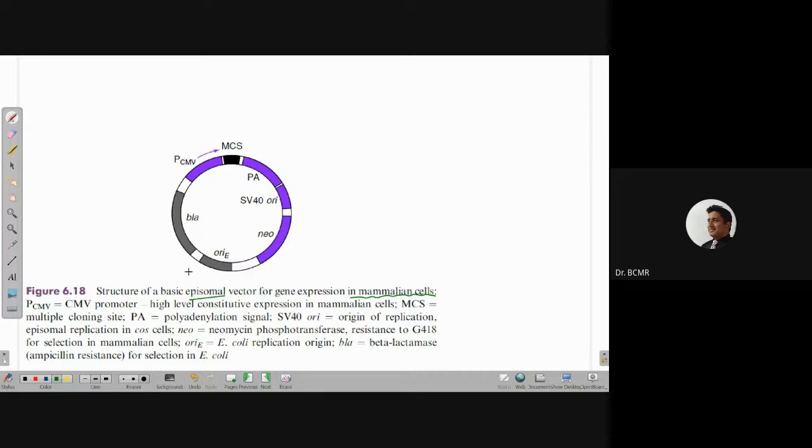So we have a cytomegalovirus promoter here. This is the promoter. Here is the multiple cloning site where you are going to clone the gene of interest. And here we have PA, that is the polyadenylation signal.